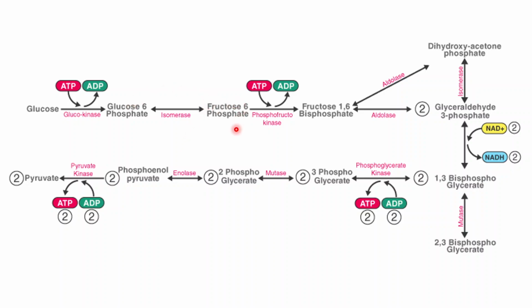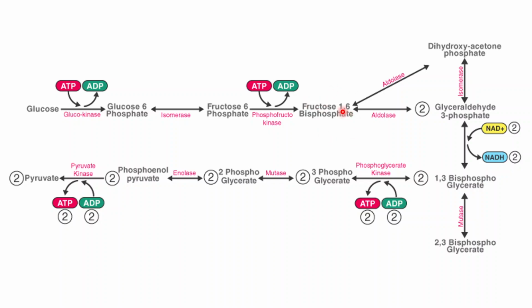Then phosphofructokinase again transfers a phosphate from ATP to fructose 6 phosphate to make a biphosphate molecule. Now it has 2 phosphates attached. One was already there and one it has taken from ATP, so it makes ADP, and in turn fructose 1,6 biphosphate is produced.